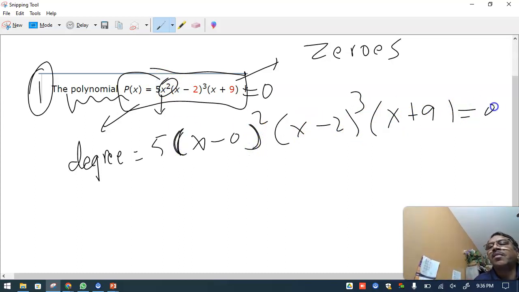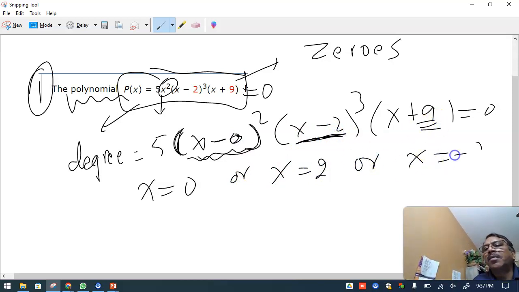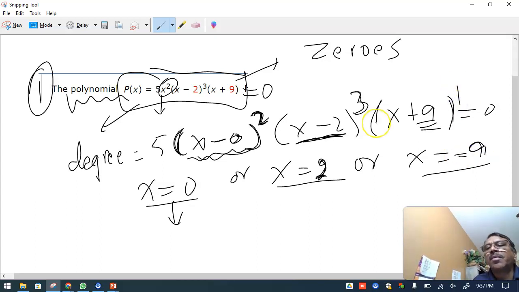It means this will be 0 when x is 0, or when x is 2, since 2 minus 2 is 0, or x is minus 9. So these are the three zeros, but the first one has a multiplicity 2, because it is repeating twice. The zero at 2 has a multiplicity 3, and the minus 9 is raised to 1, so it has a multiplicity 1.